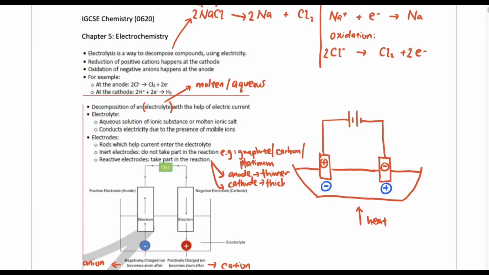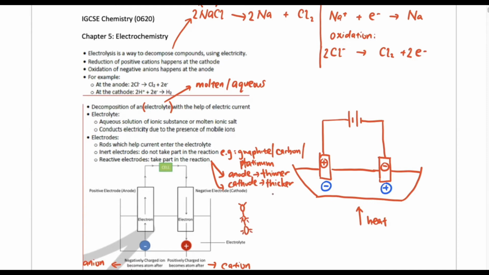So how to remember the anode to be thinner and the cathode to be thicker? Of course there are plenty of ways. One of the ways is you just imagine the pictures. Anode, let's think of N. It sounds more or less the same. N is thin.